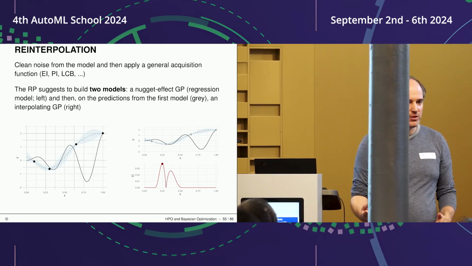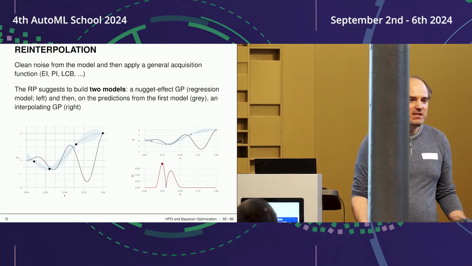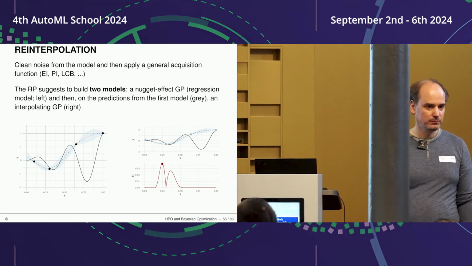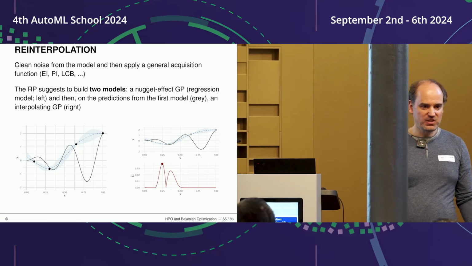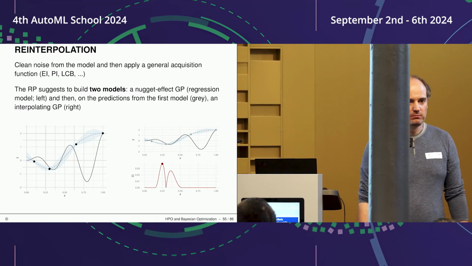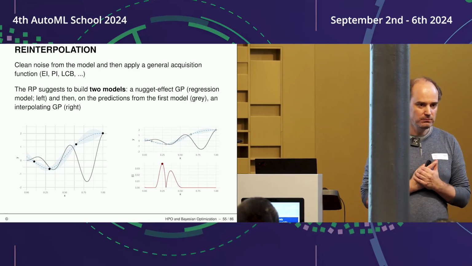You smooth out the noise. And now you fit your Gaussian process again, and then you just proceed as if the thing would have been deterministic. You can now do simple expected improvement.